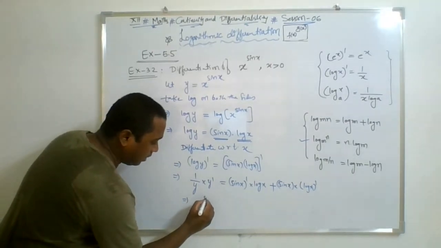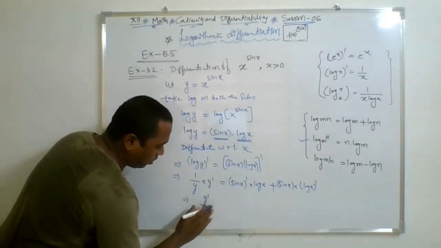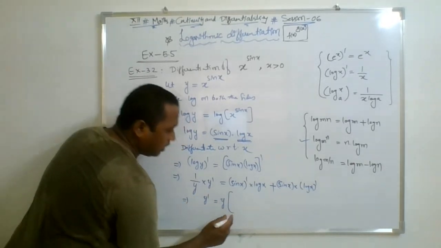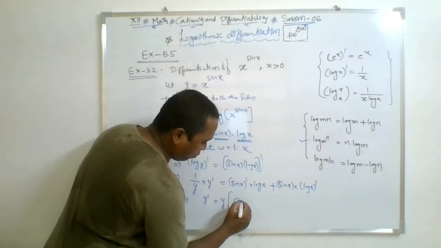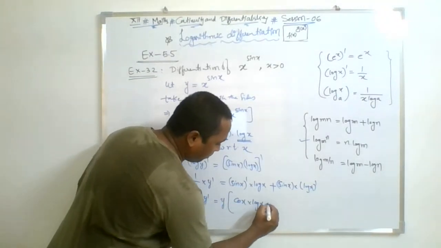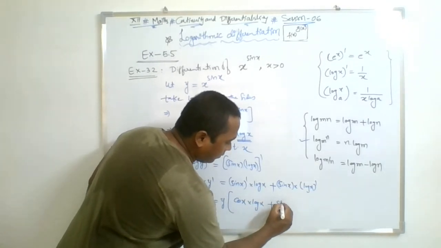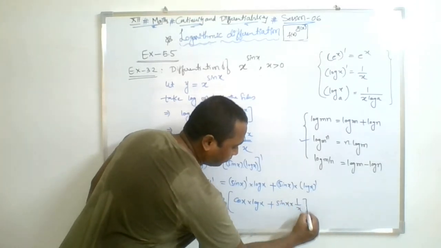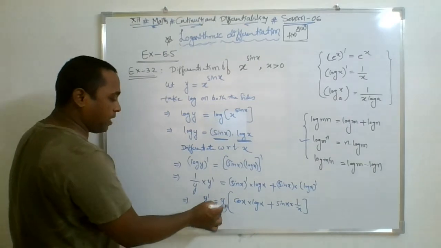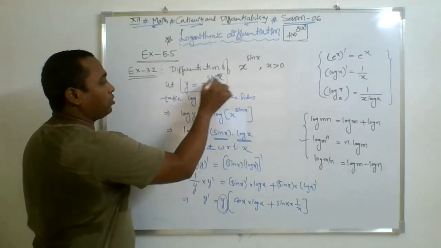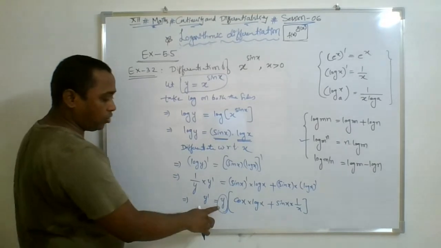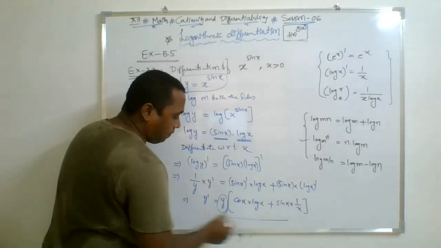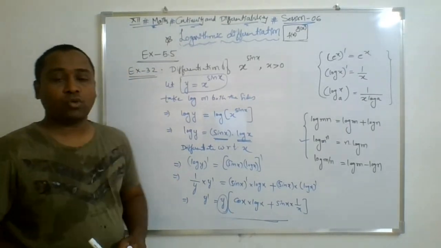Now what we have is y dash upon y, or you may also write y dash is equal to, by taking cross multiplication, y into the derivative of sine x, which is cos x, so cos x into log x plus sine x into the derivative of log x, which is 1 by x. And now finally you can replace this y with the actual function which we started with. So if you replace y with x to the power of sine x, that would be the final step of the answer. It's so simple.